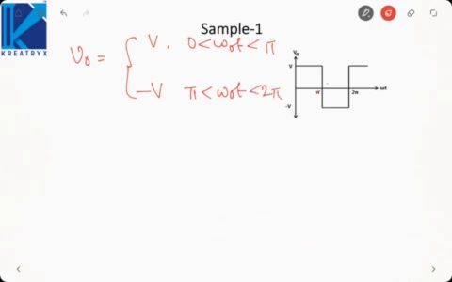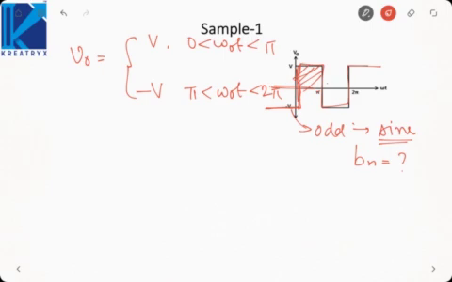Now this is a periodic square waveform, and if we draw it before 0 like this, I am just repeating the pattern: negative, positive, positive, negative, negative, positive, like this. That means it is symmetrical in the first and the third quadrant, so it is actually an odd function, and only sine terms will exist. So we just have to calculate Bn.